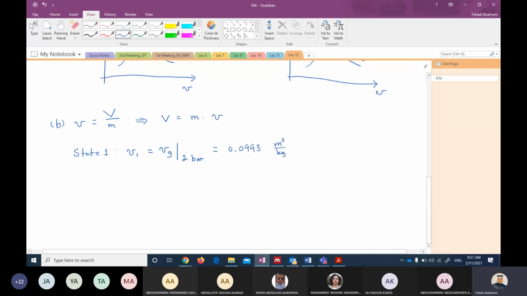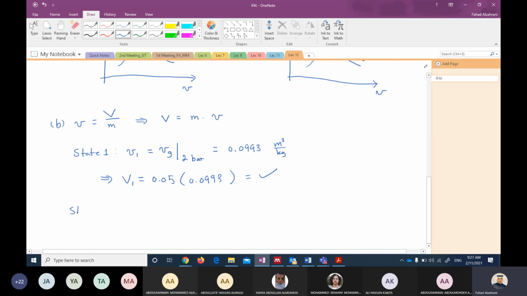Remember, always write units, meter cube per kilogram. So the volume V1 equals 0.05 kilograms times 0.0993, and then you find your answer here.